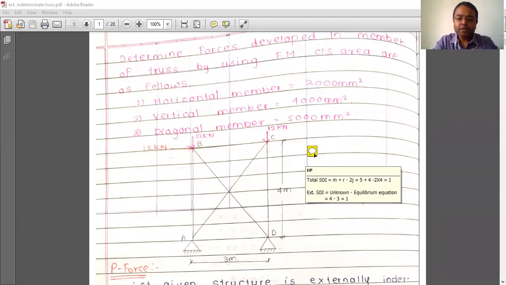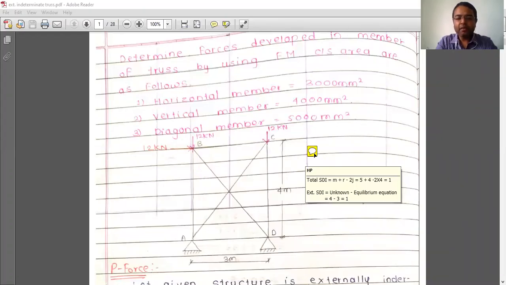So ultimately, the number of reactive components comes out to be 4. So here the total SDI is 1, so the given structure is indeterminate.